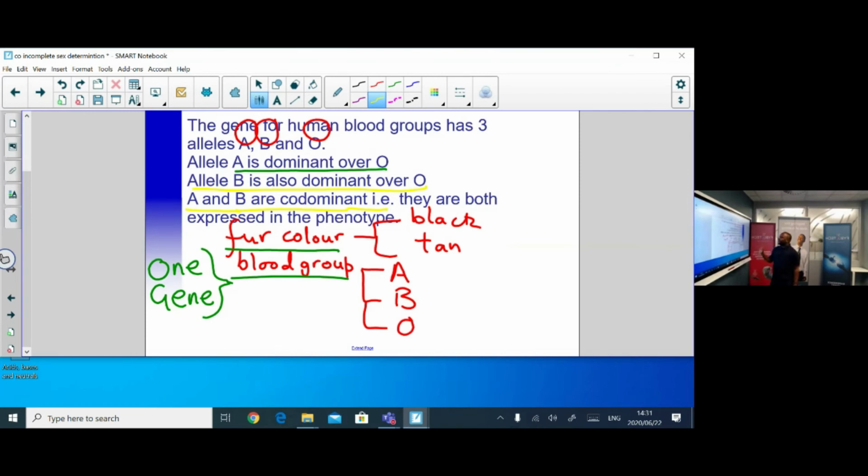If you inherit a gene for A and for B, in other words, A and B are both expressed in the phenotype.